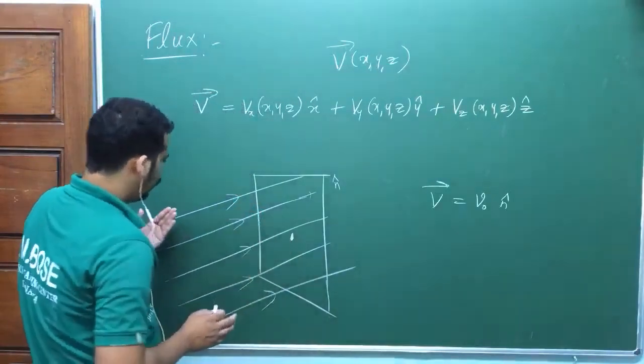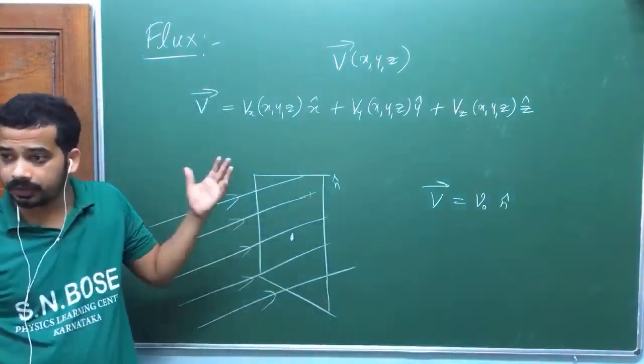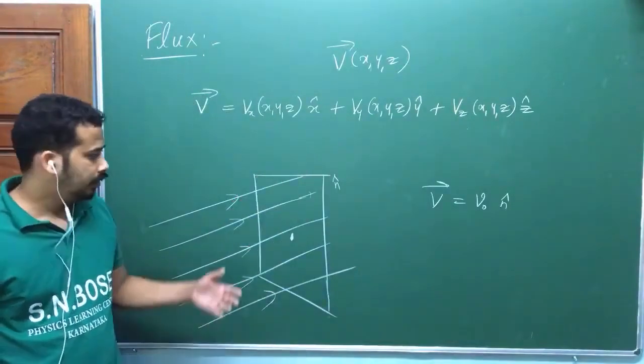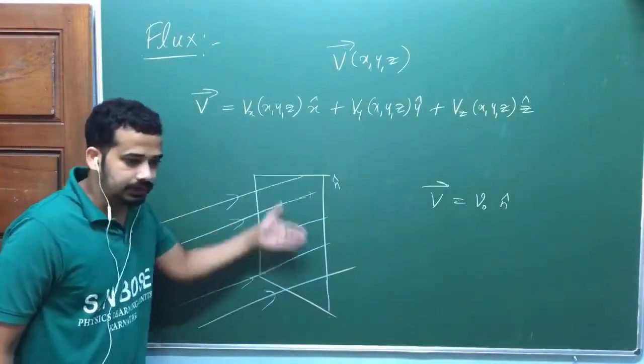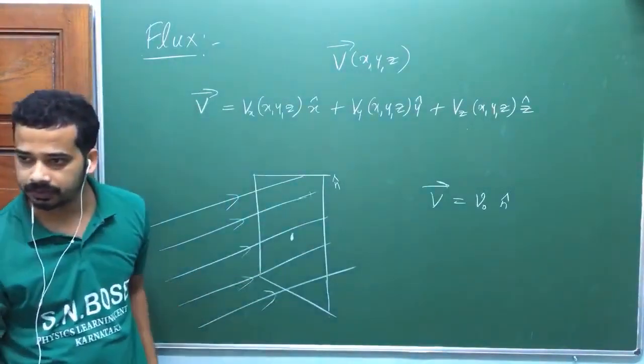Now look here, this is an imaginary plane. It's our mental picture. Again, this is a plane, not a curved surface. This is a planar area. Let me consider one planar area.